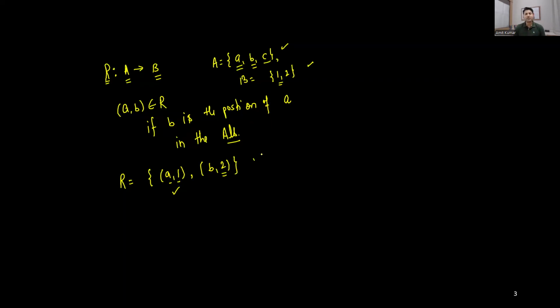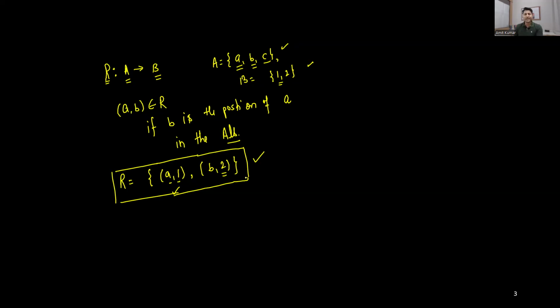So this is the relation, which defines the ordered pairs from set A to B following the particular rule that I just mentioned. So this is how a relation can be defined.